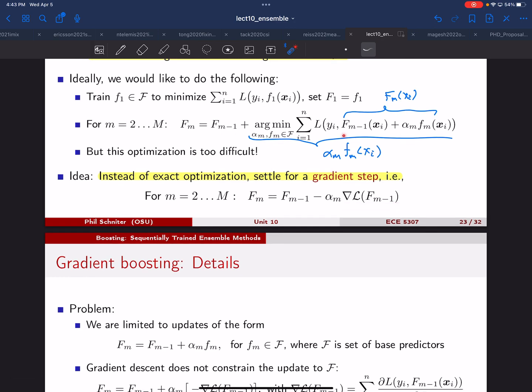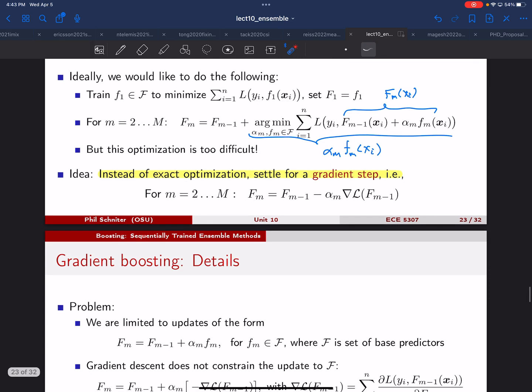If you compare this expression to this expression, that means this gradient would be your new little f. But we said that our new little f was constrained to be in some function class, like maybe it has to be a decision stump. We'd be very lucky if, when we computed this gradient, it gave us a function that could be implemented as a decision stump. It's probably going to be some other function. So we can't do this gradient step exactly.